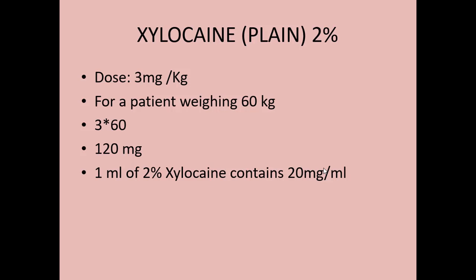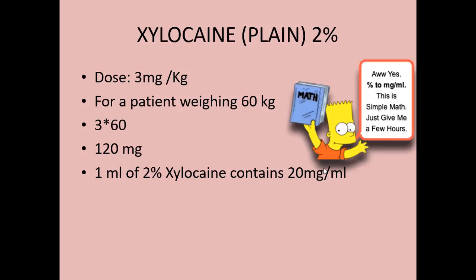In 1 ml, 20 mg of xylocaine will be there. So if I have to convert mgs into mls, I have to divide mg by this 20. Okay, so we calculated 120 mg.